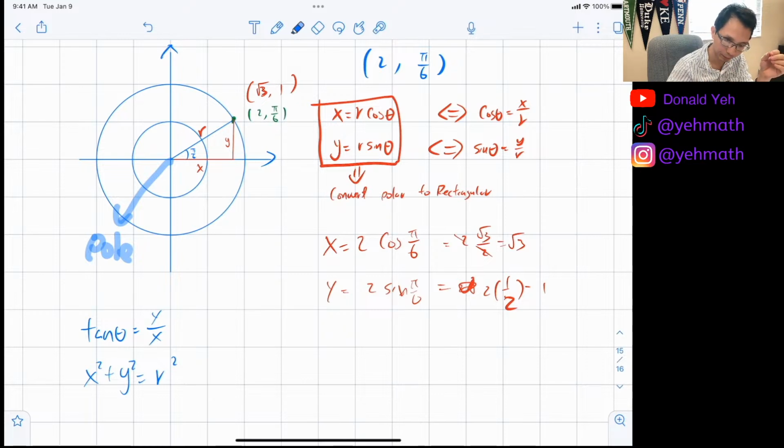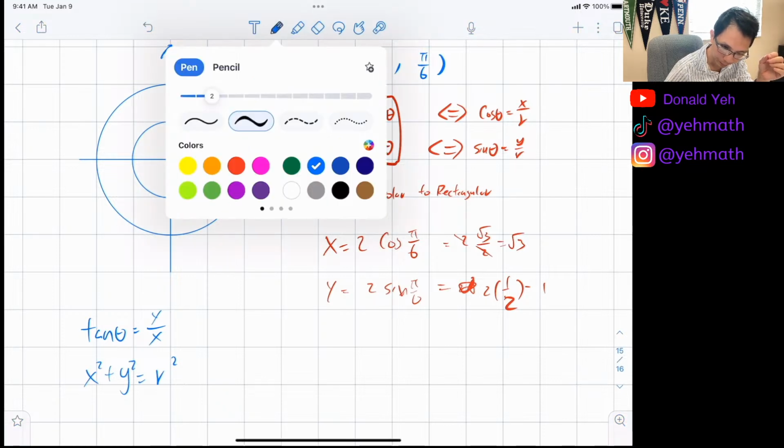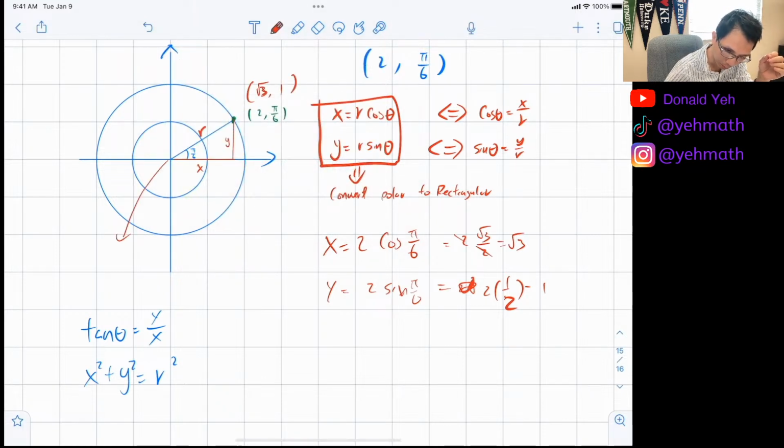So is the origin the pole? Origin is a pole. Also circle the origin, because it kind of looks like you're labeling the line itself. So this is the pole. And this one is the polar coordinate.